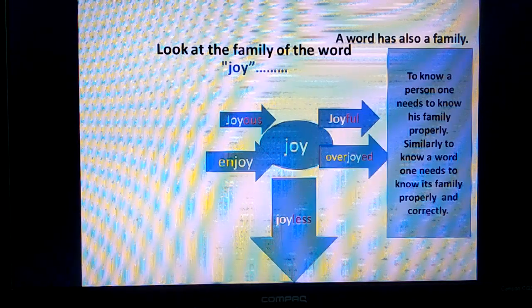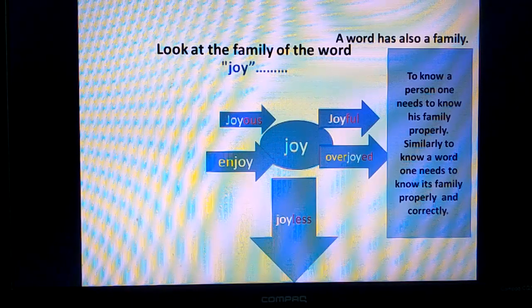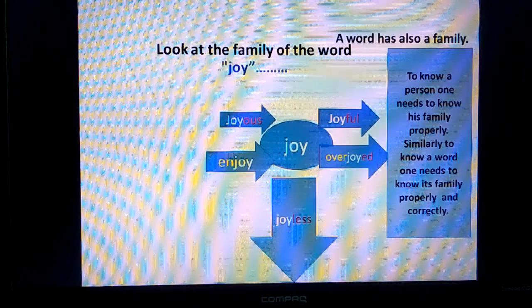So how have I added family members to the joy? By the letters, red marked and yellow marked letters. OUS, FUL, ED, LESS. These are red marked letters. EN, OVER are yellow marked letters.